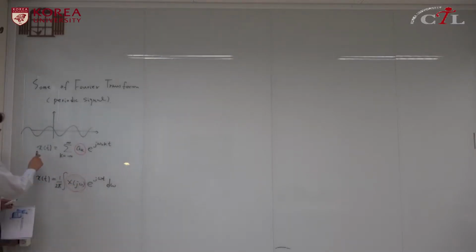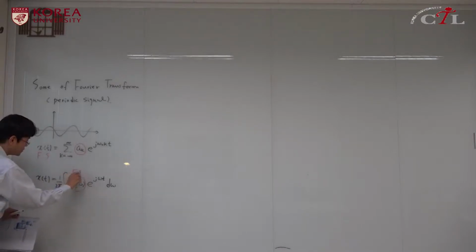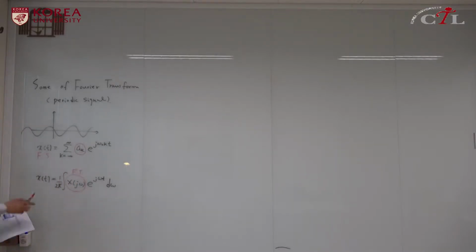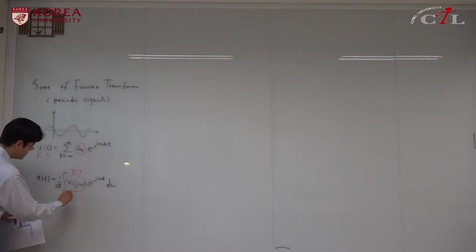This is Fourier series and this is Fourier transform. Okay, then we want to multiply 2 pi. So this is 2 pi. They will drop out.